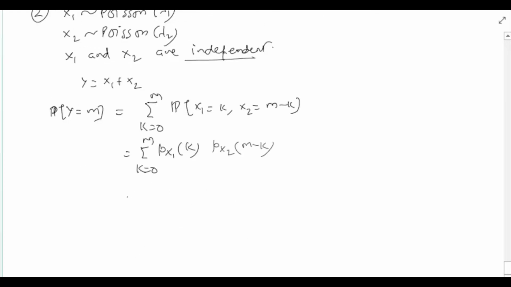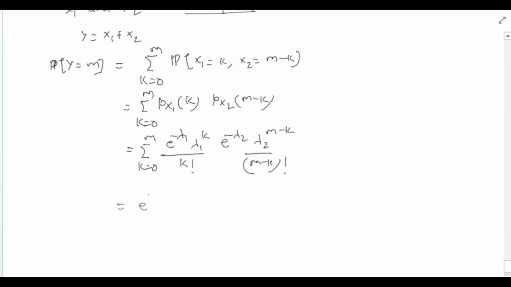And since x1 and x2 both are Poisson, we can further write the right hand side as e raised to minus lambda 1 times lambda 1 raised to k divided by factorial k, times e raised to minus lambda 2 times lambda 2 raised to m minus k divided by factorial m minus k, and this summation turns out to be equal to e raised to minus (lambda 1 plus lambda 2) times (lambda 1 plus lambda 2) raised to m divided by factorial m.